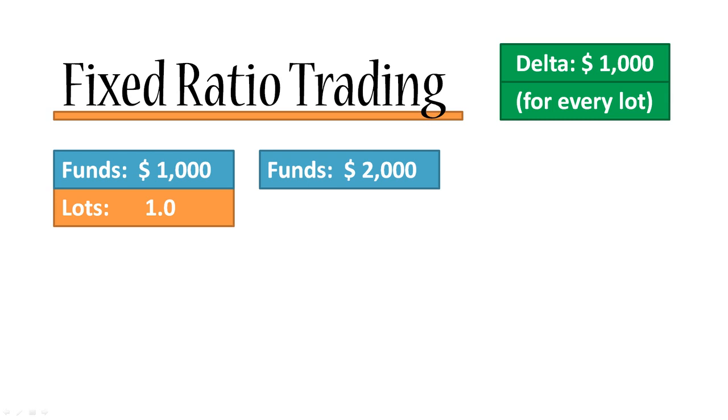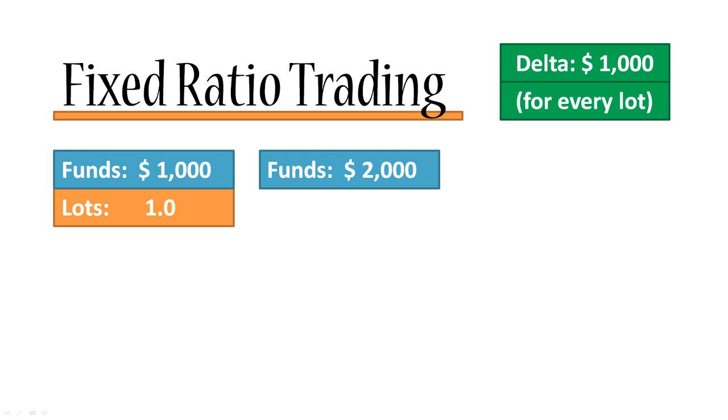And what it's saying is that every single one of your lots that you're currently trading with has to first earn a delta, and then you can only move on to the next level. So given that at the start we had one lot that we were trading with, as soon as that one lot brings a total of 1 delta onto our account, that's when we will increase to 2 lots.